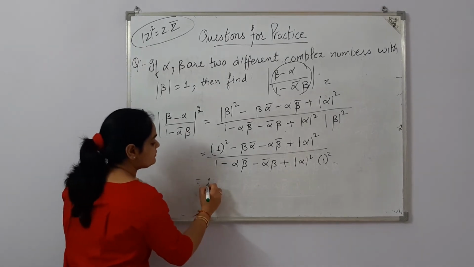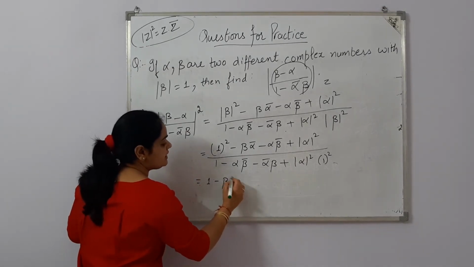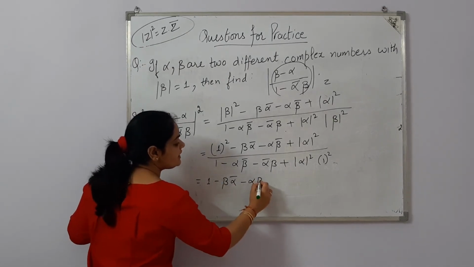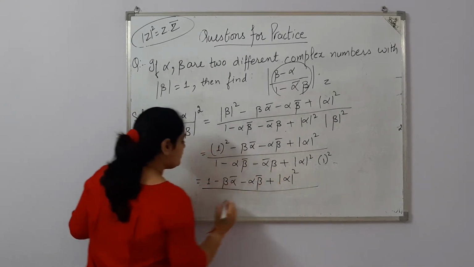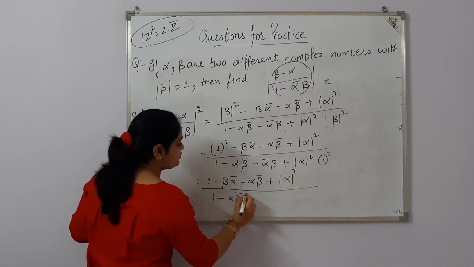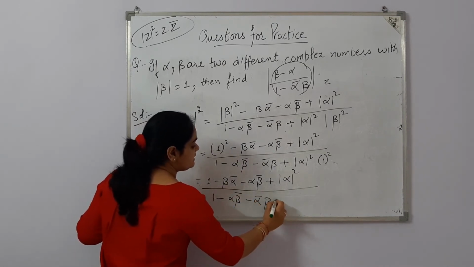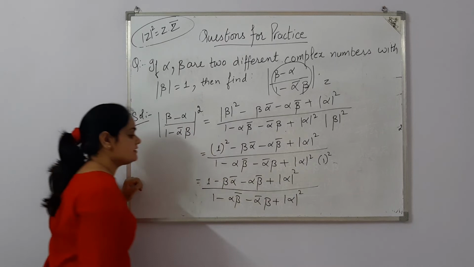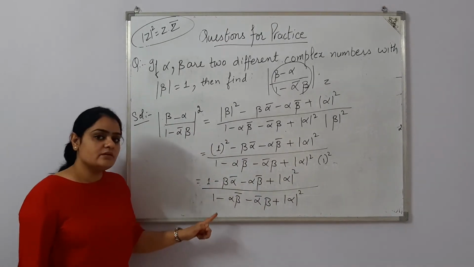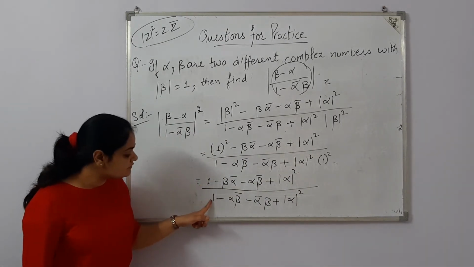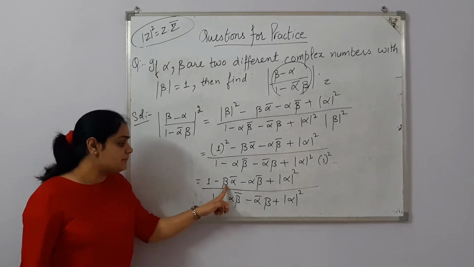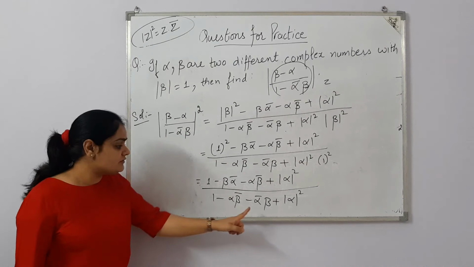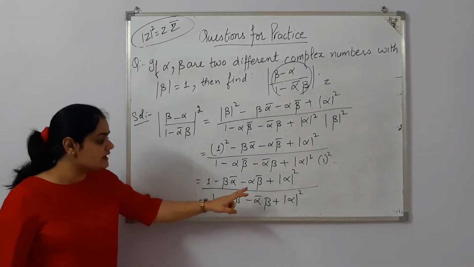So 1 square is 1, minus beta alpha conjugate minus alpha beta conjugate plus alpha modulus square, whole upon 1 minus alpha beta conjugate minus alpha conjugate beta plus modulus of alpha square. Now you are watching, both the terms are the same. How? One is 1 with a plus sign, here is 1 with a plus sign. Beta alpha conjugate with a negative sign, beta alpha conjugate with a negative sign.